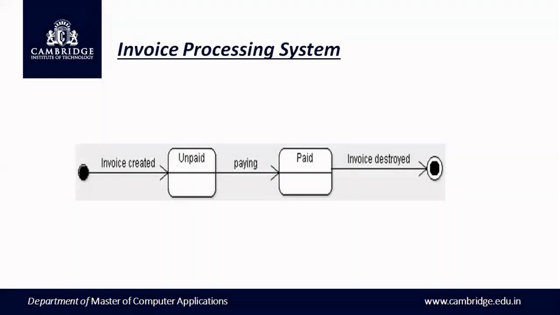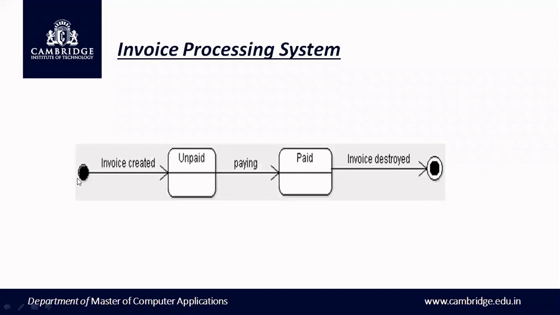Now let us understand the state diagram with another example, which is an invoice processing system. Here we have two states identified, the unpaid state and the paid state. And we have two more notations that we use in UML: the solid circle, which indicates the initial state, and the bull's eye, which indicates the final state.